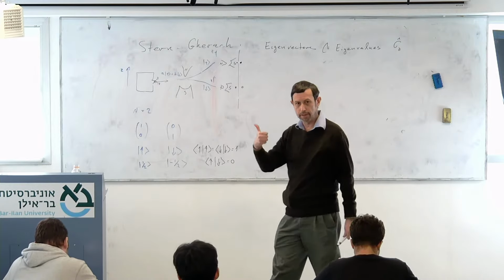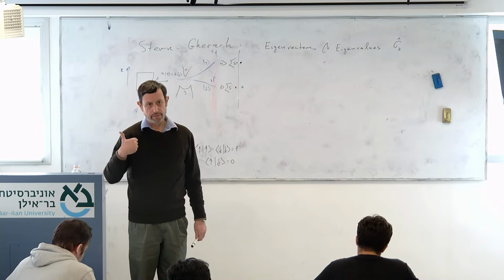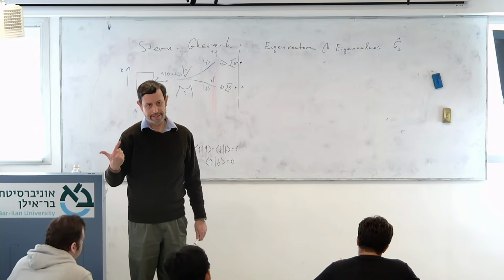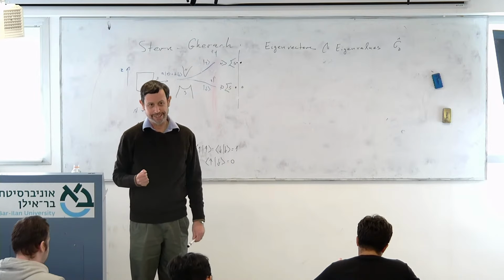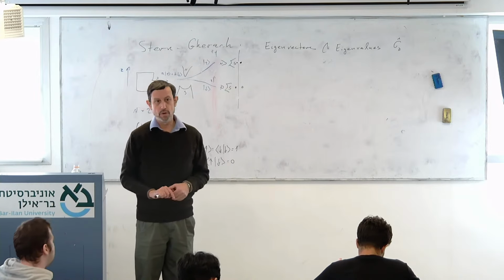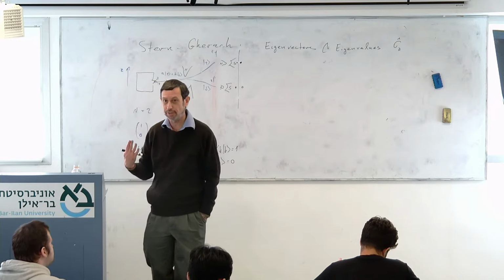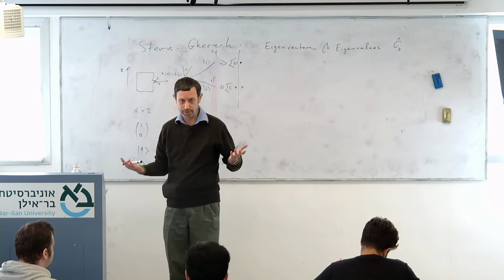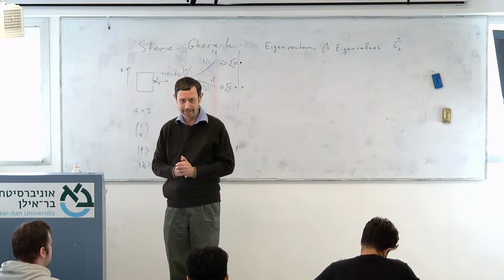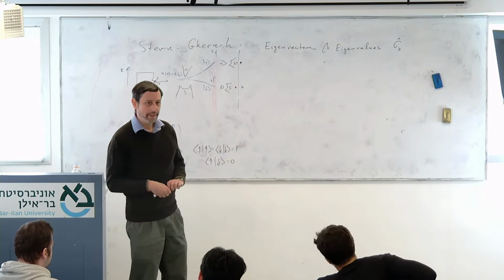Results of a measurement are the eigenvalues of the operator, and it collapses into the eigenvector corresponding to that eigenvalue. So if you want to know what you can measure, you should know the eigenvalues and eigenvectors of this operator. How do you find an eigenvector and eigenvalue?